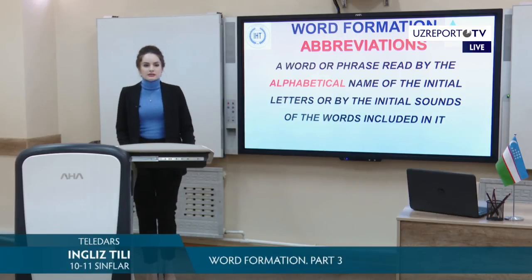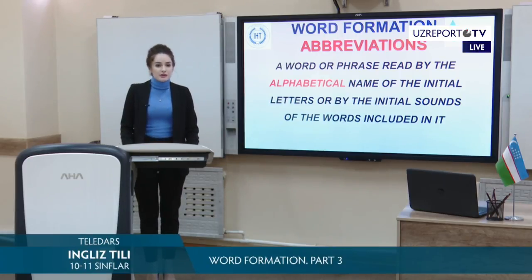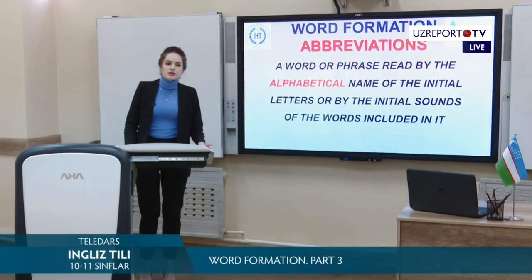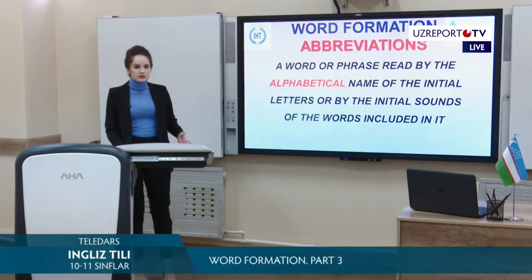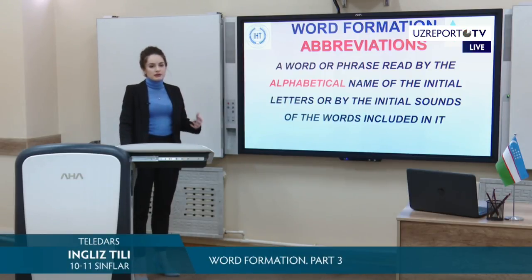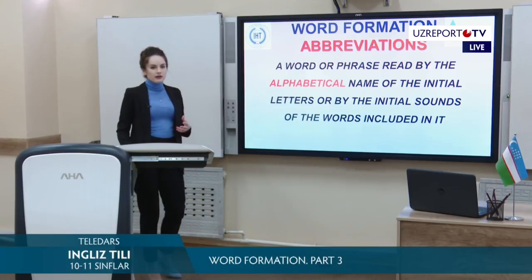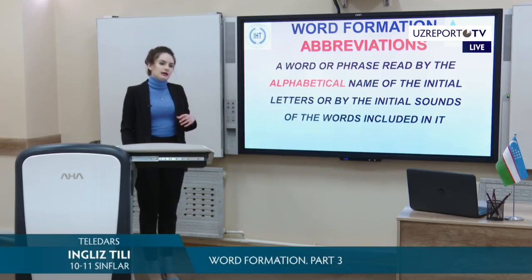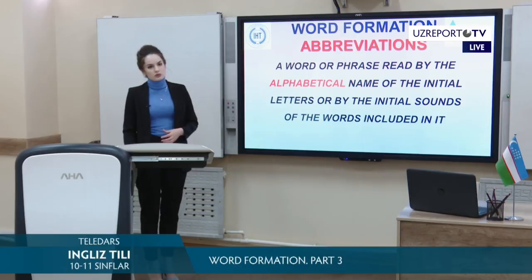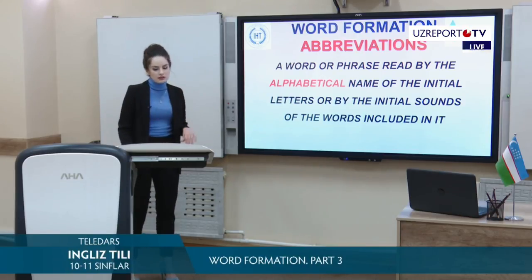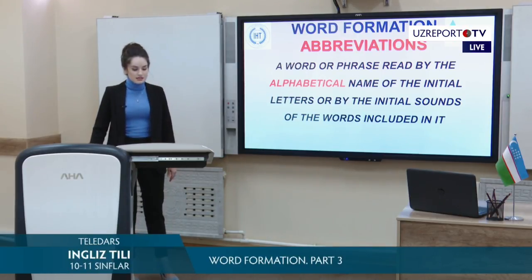So, now let's go to the third type of creating new words. The final type of creating new words that I would like to discuss with you for today is abbreviations. We used to know this phrase, this word, this method from our young age, when we use the first letters of some words. Actually, it's a very popular method, and let's discuss some really significant words, official words, business, and for chatting with your friends or SMS chatting.